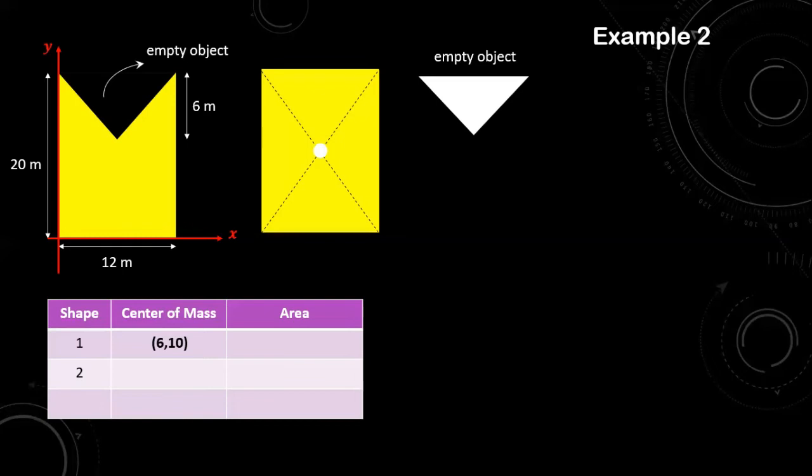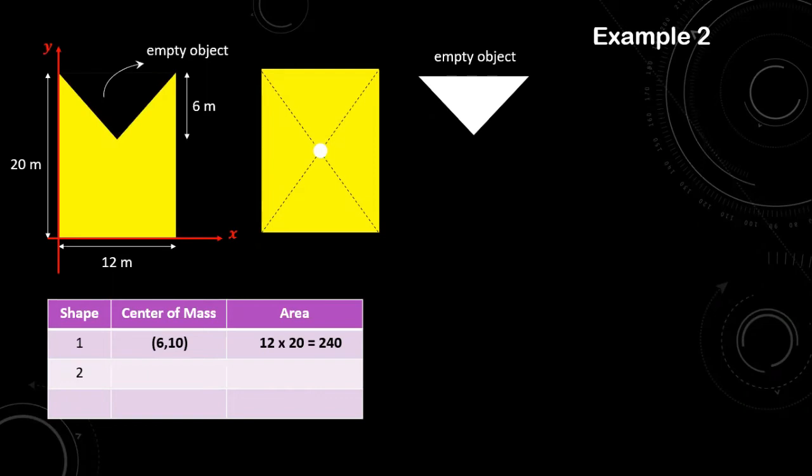Okay, what about the area? That's very easy. The area is the area of the rectangle. We found 12 meters times 20 meters, and the area is 240 meters squared. Okay, students, now we go to the empty object.